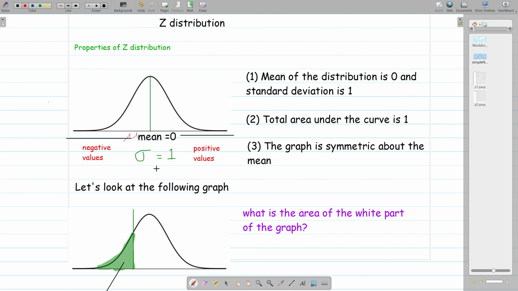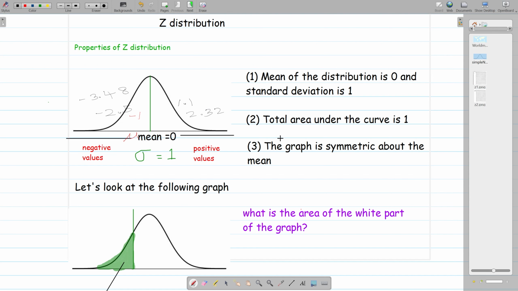The mean is in the middle of this graph, and since it is 0, the left side of this graph will have negative values like -1, -2.5, -3.48, something like that.